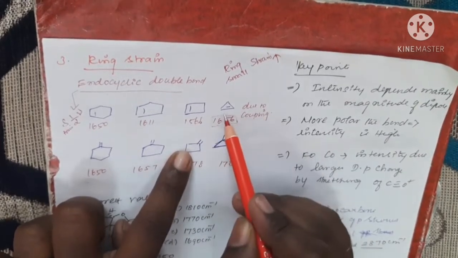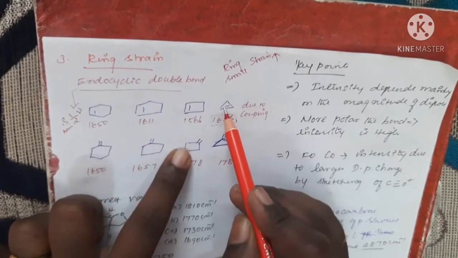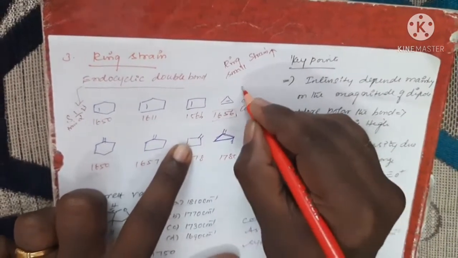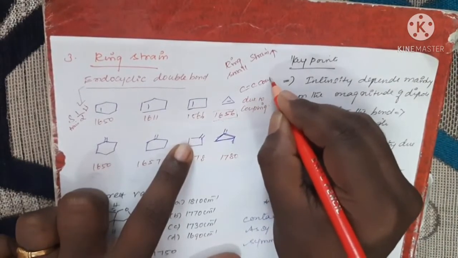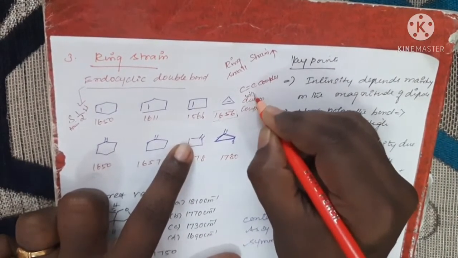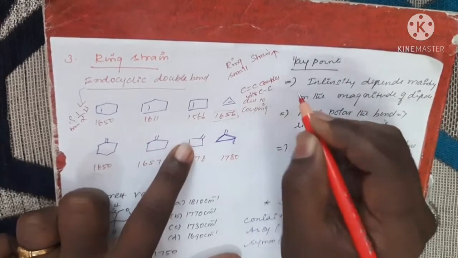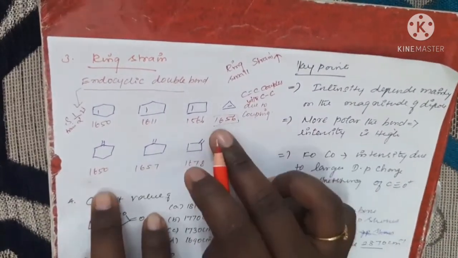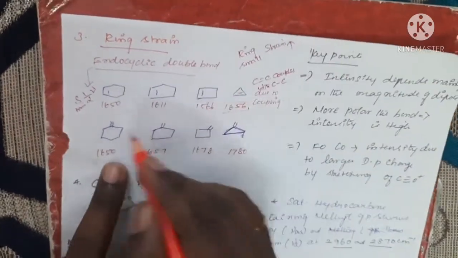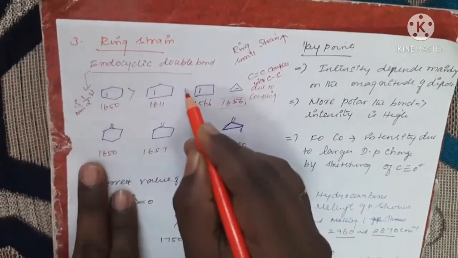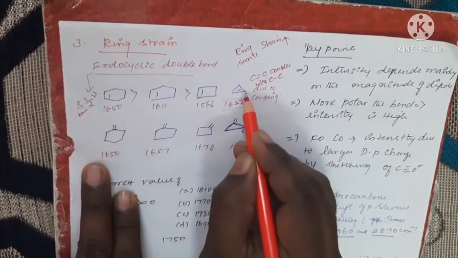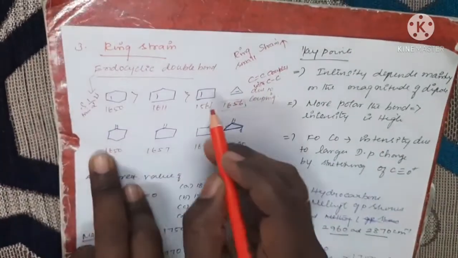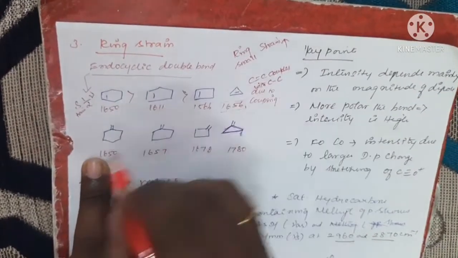It is due to coupling, the factor called coupling of this C=C double bond with the C single bond. So just know the reason behind the increase. Okay, so automatically this is higher than this, but C is higher than the first one, so it comes first and then this one.